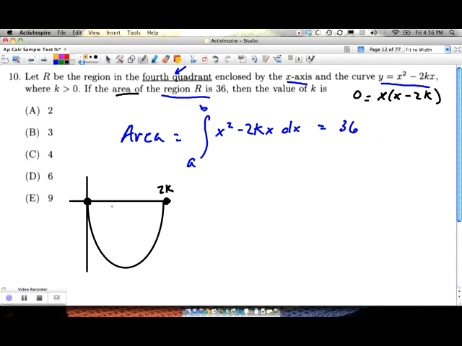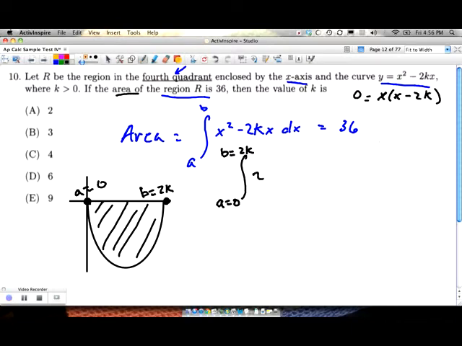I do realize that my a and b, if I'm enclosed by the x-axis and this curve, means that a equals 0 and b equals 2k. So now I can set this up and evaluate it a little differently. The integral from 0 to 2k of x squared minus 2kx equals 36.